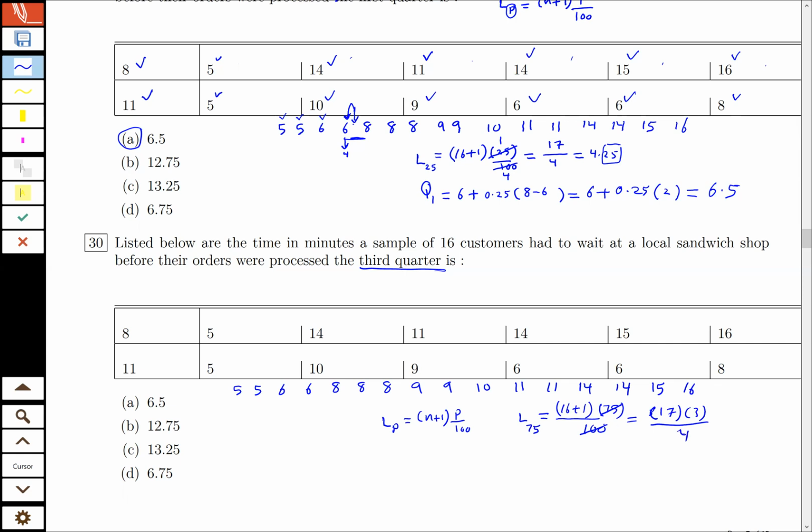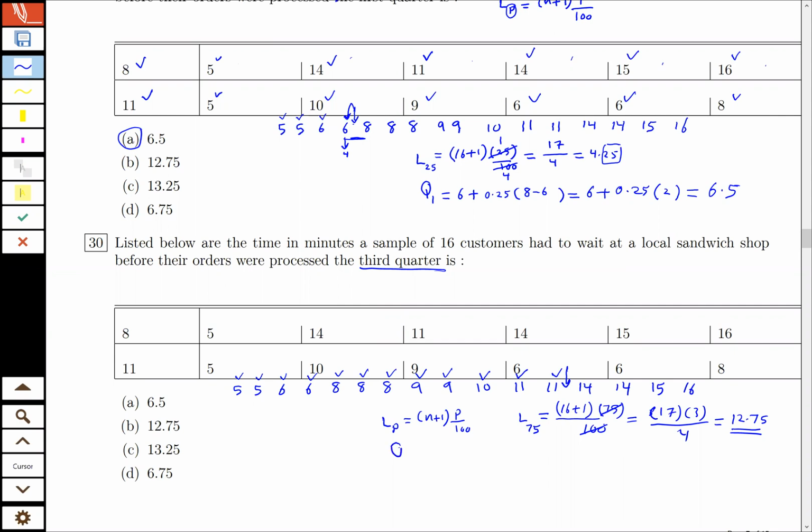If we calculate that, you will get 12.75. That gives you only the location. I come here to count 1, 2, 3, 4, 5, 6, 7, 8, 9, 10, 11, 12. So 12.75 means here.